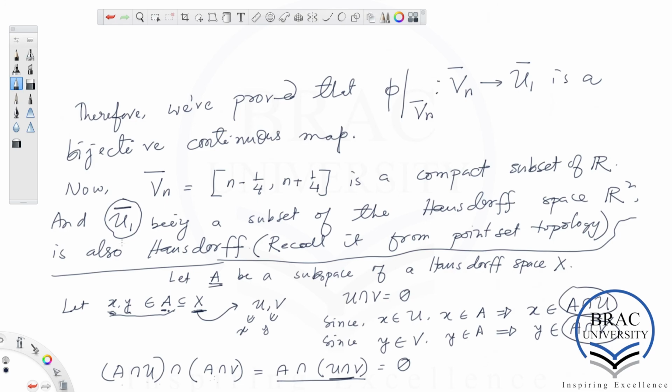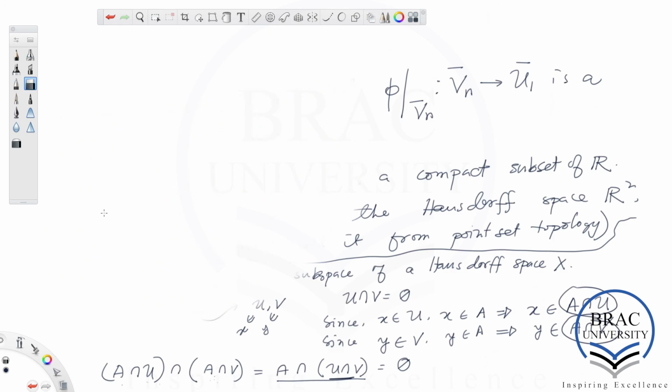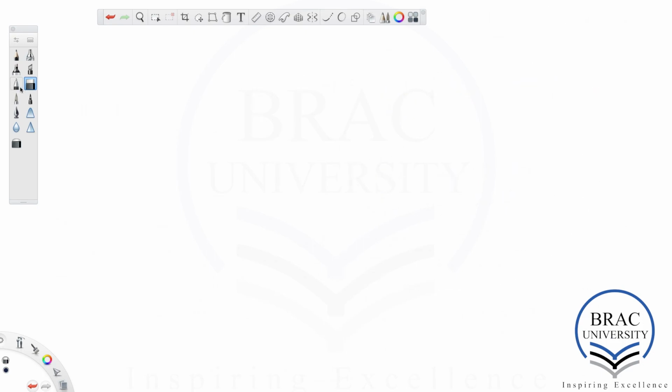Okay, good. So let me erase it. So this map is a continuous bijection from this compact set to this Hausdorff space.